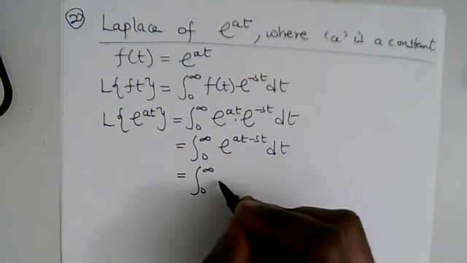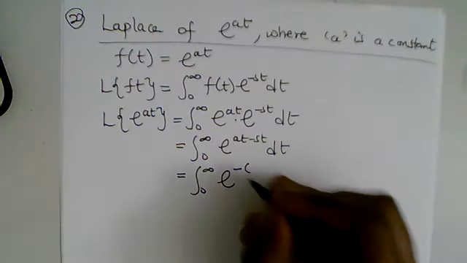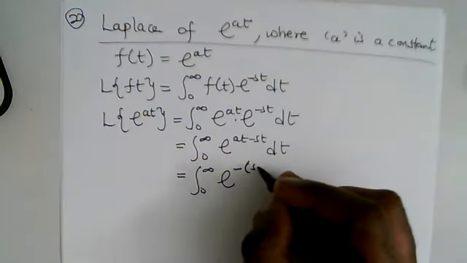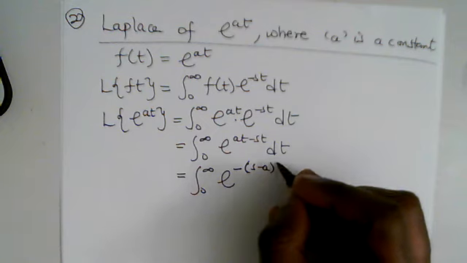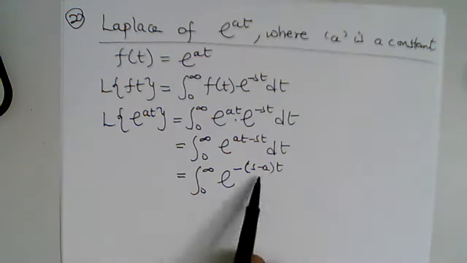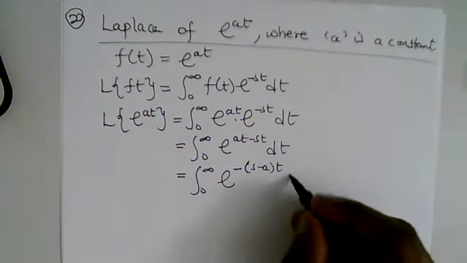So we're going to have the integral run from 0 to infinity of e to the power minus, outside the bracket, s minus a, t. So you factor out t, and then you factor out the minus sign, so that you can have this dt.